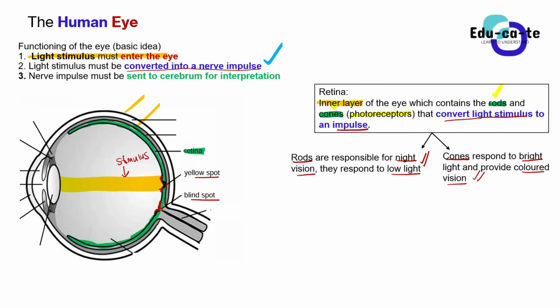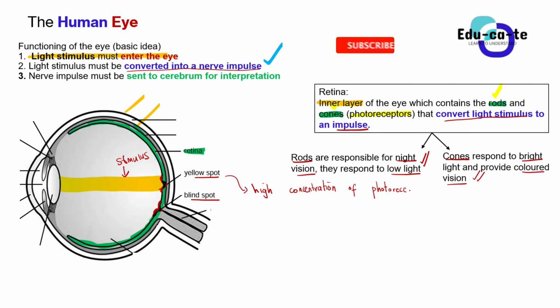So what is the difference between the yellow spot and the blind spot? The yellow spot has a big amount of photoreceptors. So here at the yellow spot, there is a high concentration of photoreceptors, or you can say of rods and cones.